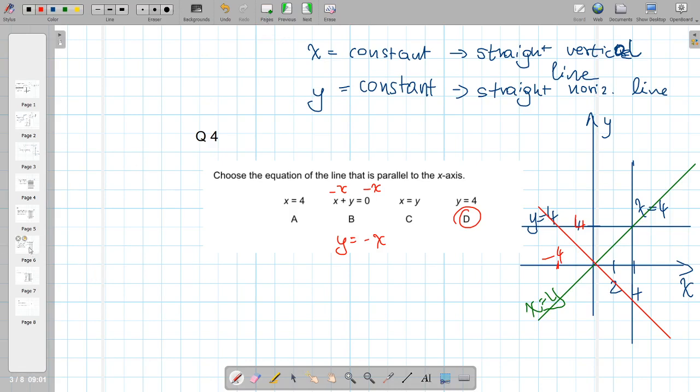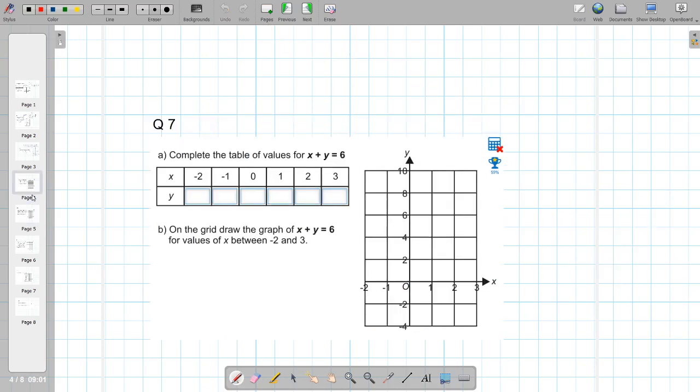The next example is question 7. I wanted to do question 7, as this is a different type of question again. The reason it's a different type of question is that it's got x and y on the same side. So we could just substitute numbers instead of x and work out what y is, or we could find the equation for y.